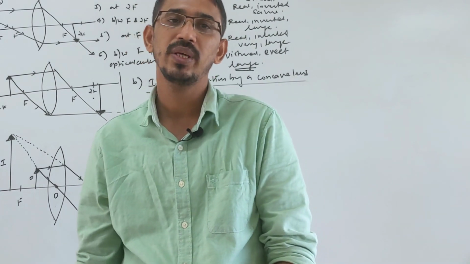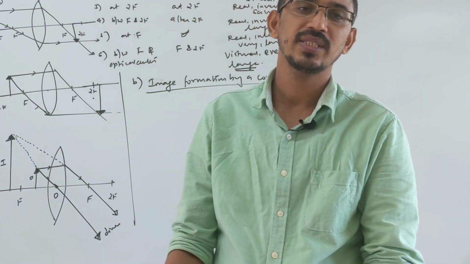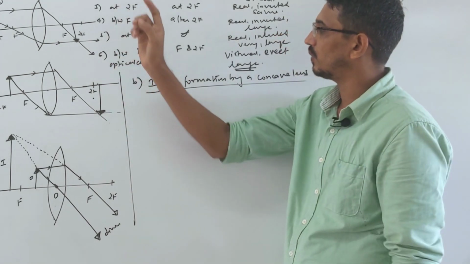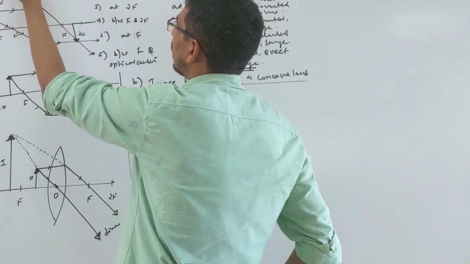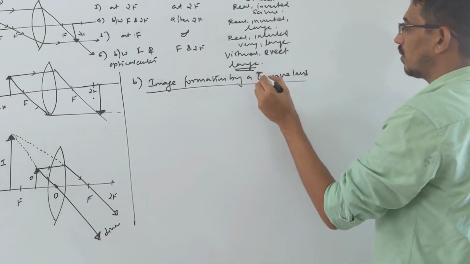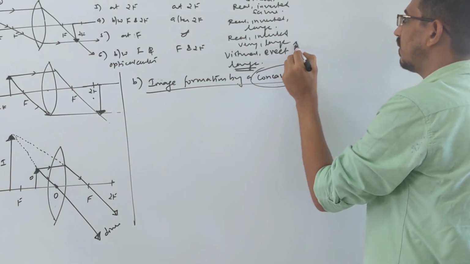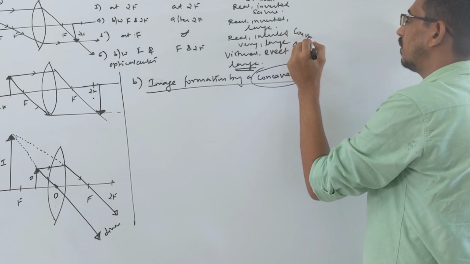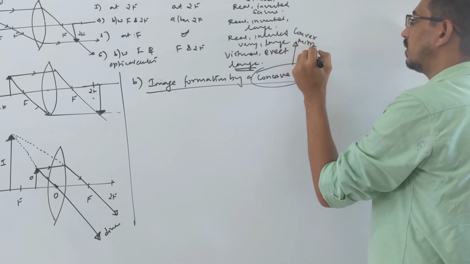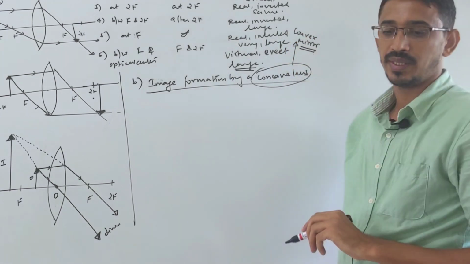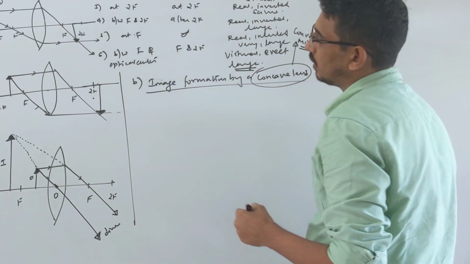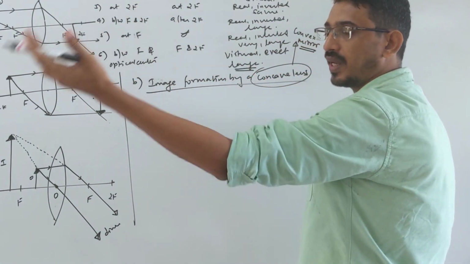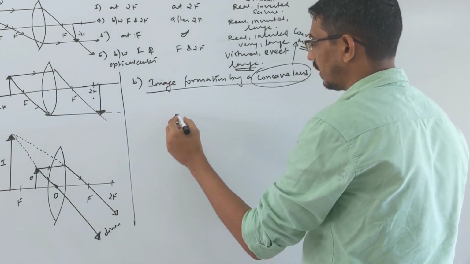It always makes a virtual image, and the size will always be less than the size of the object. Like we have done, convex lens image formation looks just like a concave mirror. Similarly, concave lens image formation will be equal to your convex mirror. It always makes a virtual image, correct? So you can put your object before f or after f. Two cases we'll talk about right now.